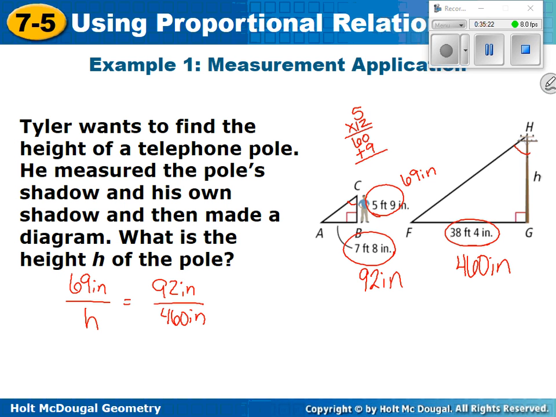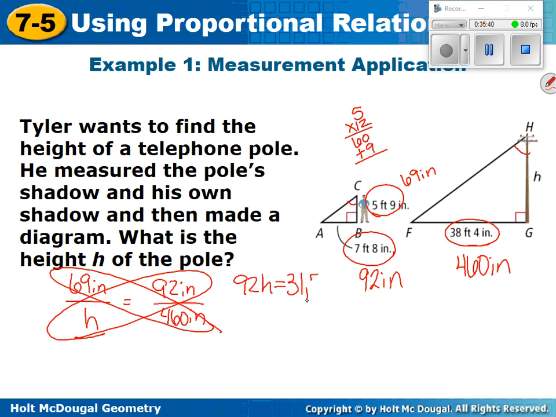So just being consistent, okay? Cross multiply. We get 92H equals what? 69 times 460. 31,740.